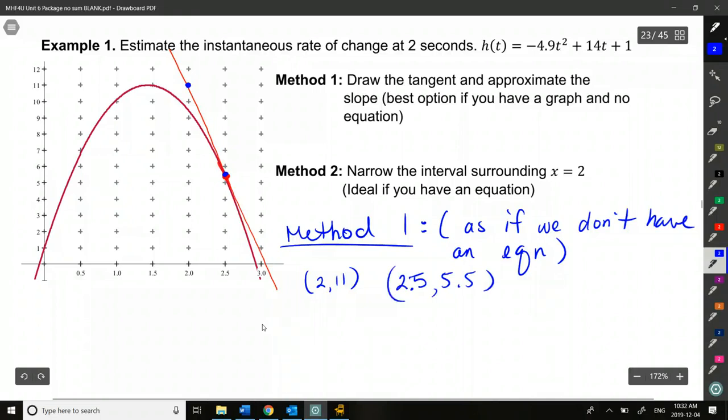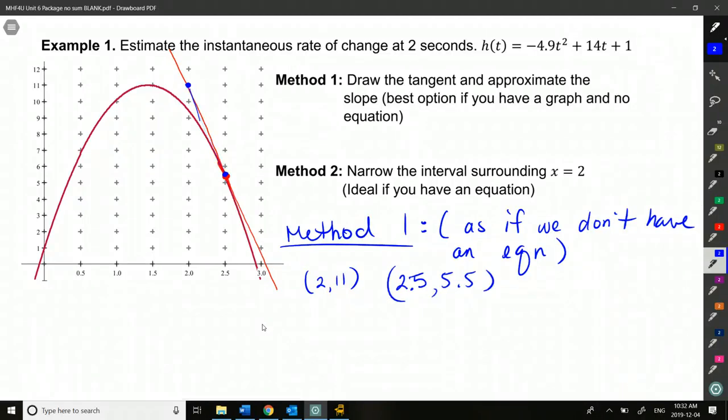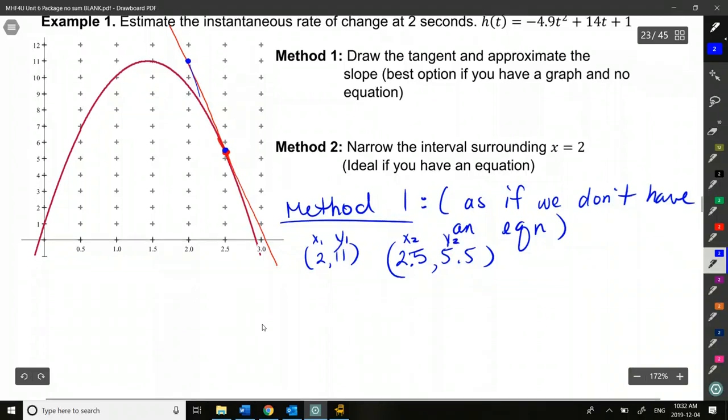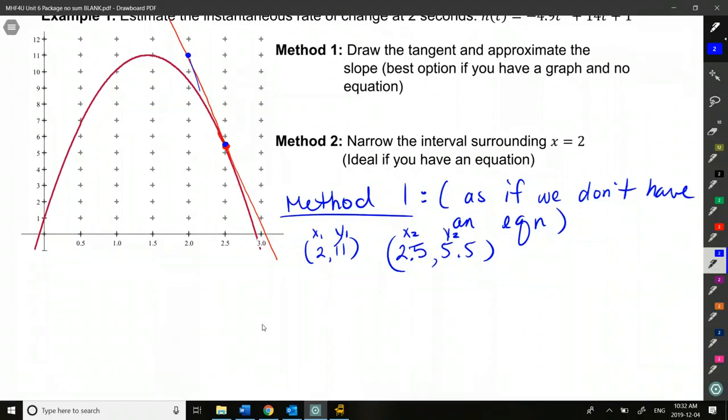Okay, again, I'm estimating these points on the graph so that I can find the slope of the line that connects those 2 points there. So here we're going to call this our x1, y1, and our x2, y2. And we will find instantaneous rate of change.